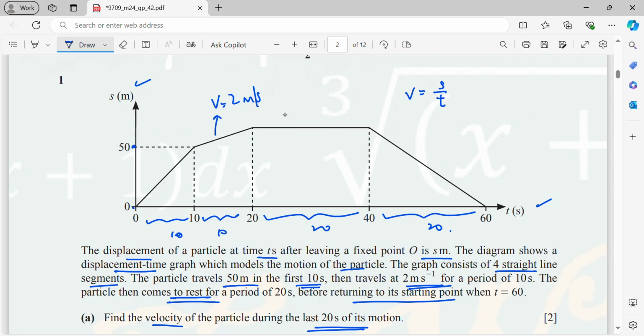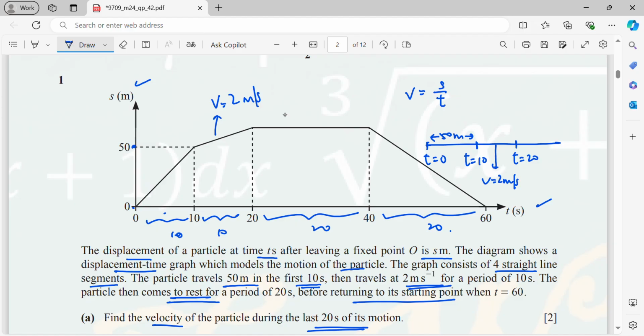So basically it's like this. Let's say here is t equals 0. First 10 seconds means that here t equals 10. This is 50 meters. Then when t equals another 10, meaning t equals 20, the v here is 2 meters per second.